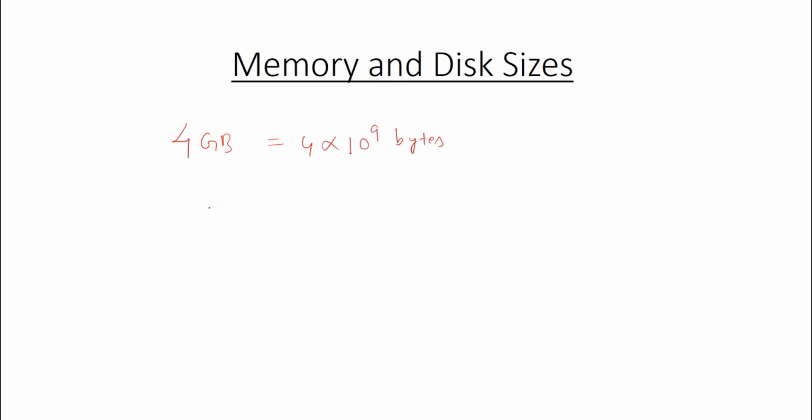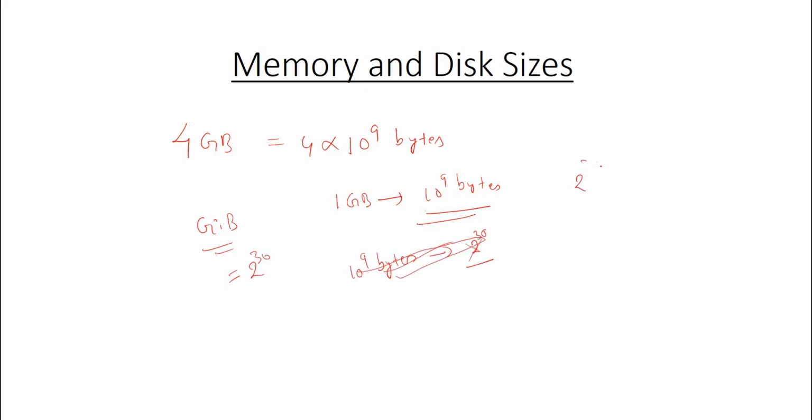But in our computers, the OS will represent the memory in terms of GiBs. How much will this 10 power 9 bytes be in terms of GiB? So we know that 1 GiB is equal to 2 power 30. So 2 power 30 is equal to 1 GiB. So 10 power 9 bytes is equivalent to how much GiB?